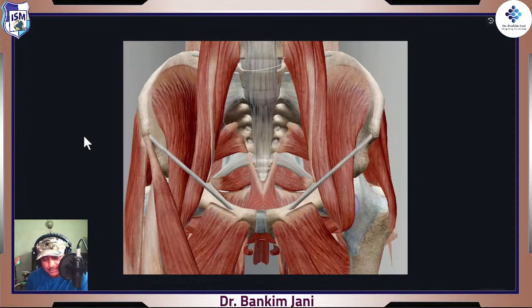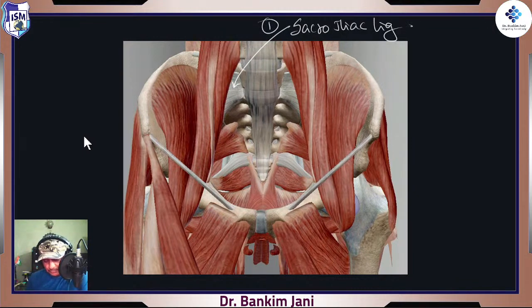Here is the sacrum and here is the ilium. What we are talking about is this one, which is going on both sides. So that is the sacroiliac ligament. So that is first.